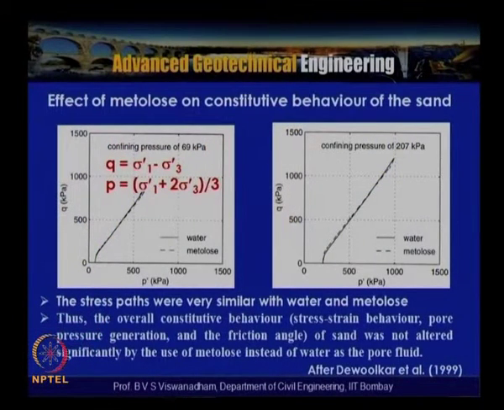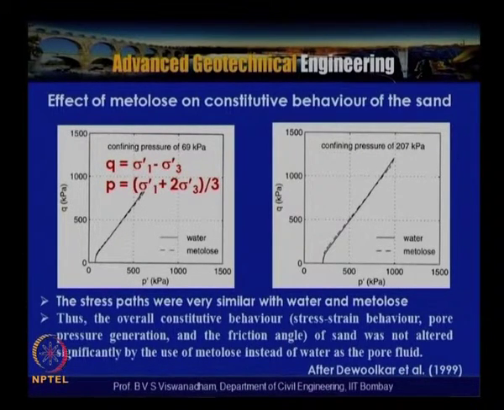The results indicate that the stress paths are very similar with water and metolose, and found to be better with higher confining pressures. Thus overall, the constitutive behavior, including the stress strain behavior, pore water pressure generation and the friction angle of sand, was not altered significantly by use of the metolose instead of water as the pore fluid.